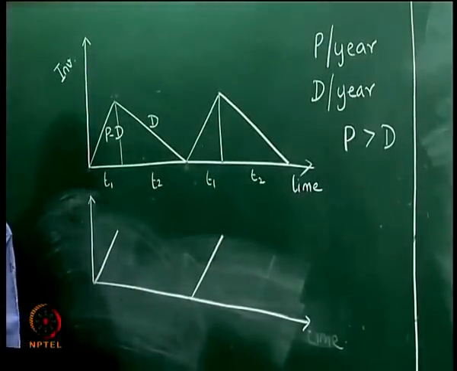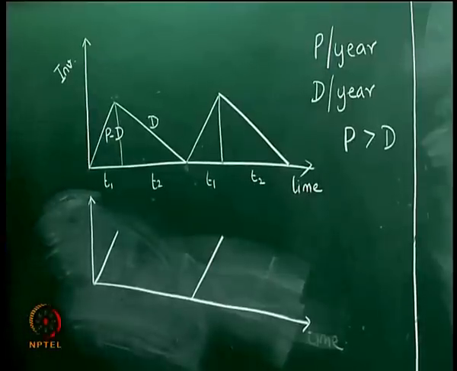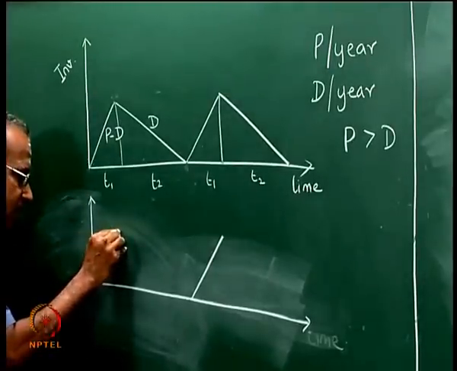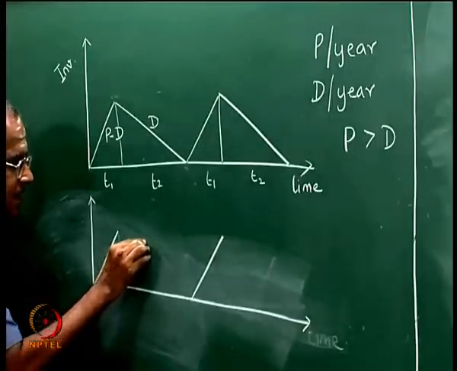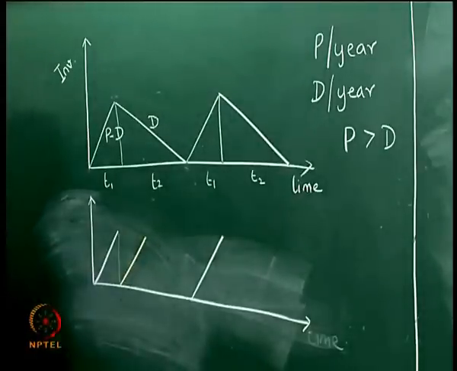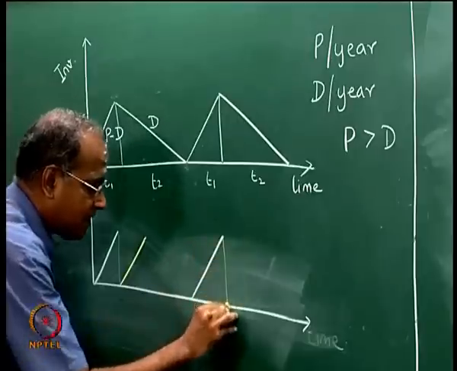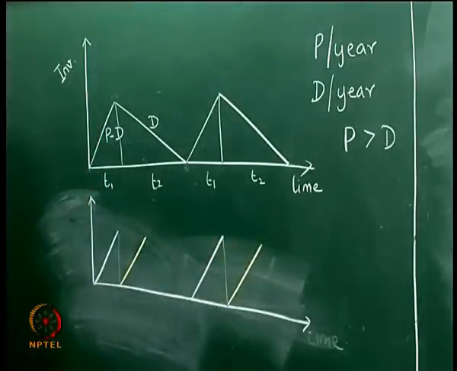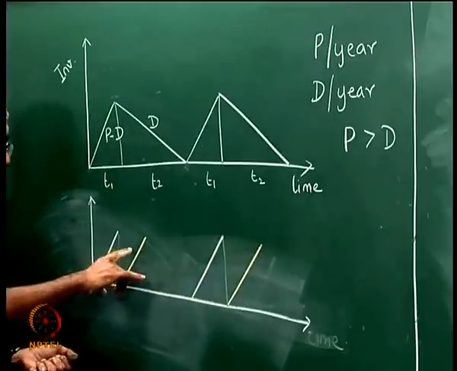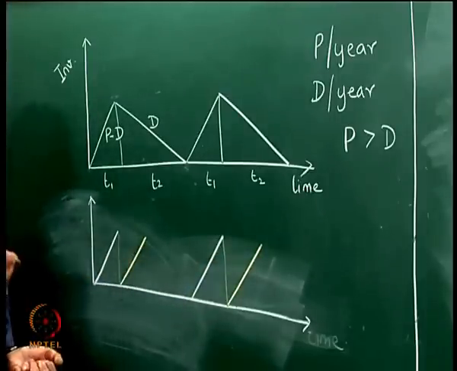So let us assume that it produces a second item, and the second item actually starts from here and the second item cycle is this. Which also means that the second item's next cycle will be like this. Now if you consider two items, the yellow is the second item, the white is the first item.